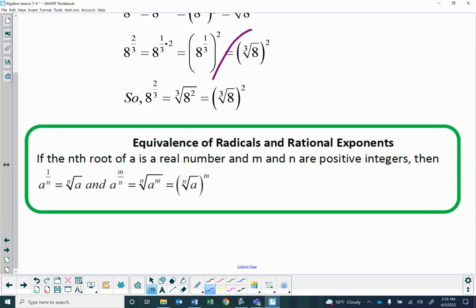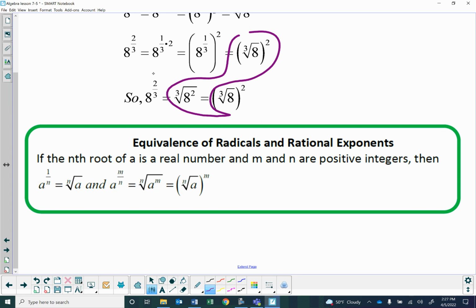Notice the cube root of 8 quantity squared is the same thing as the cube root of 8 squared. Excuse me, not those two expressions. This expression and this expression. So all three of these are the same. It doesn't really matter how you write them.